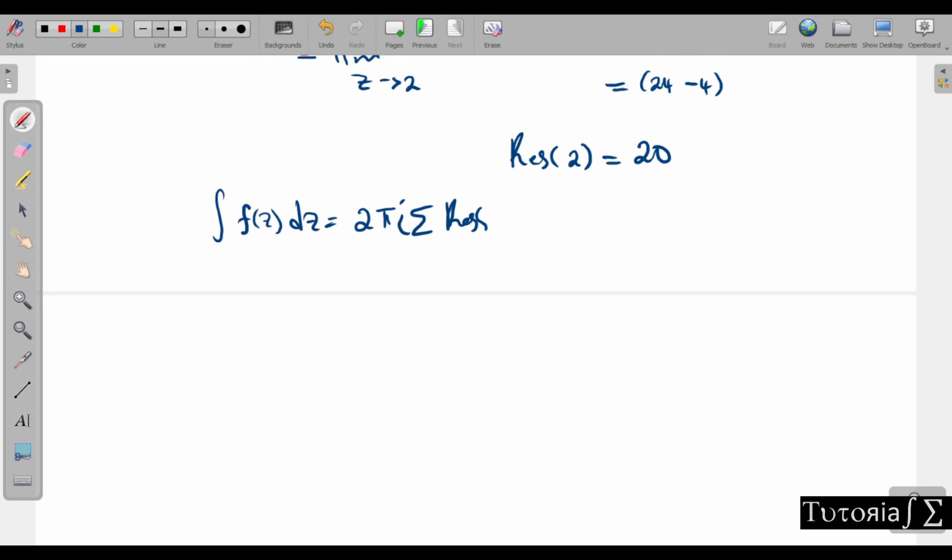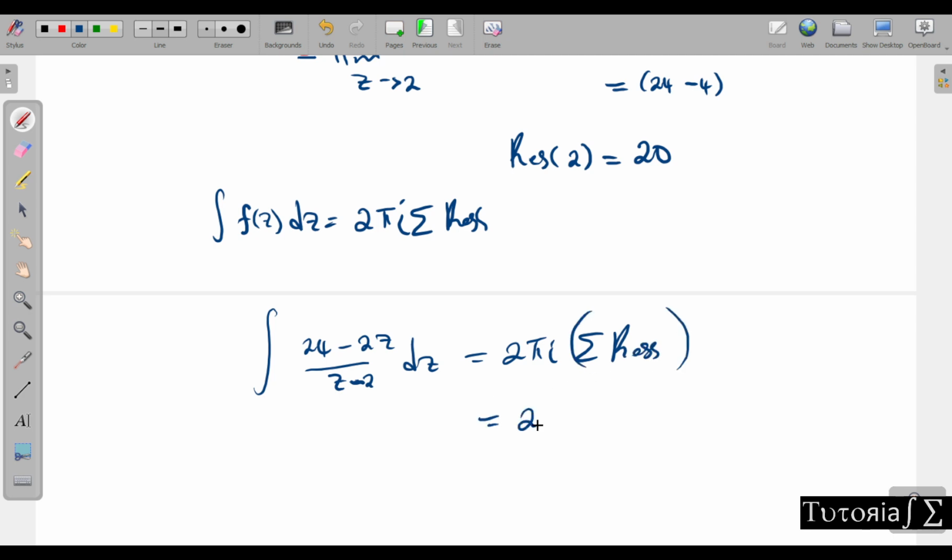So our integral of (24 minus 2z) over (z minus 2) dz is equal to 2 pi i times the sum of residues. We only have one residue, which is 20. If we had two residues, we would add them. So 2 pi i times 20 gives 40 pi i. That is the answer for that one.